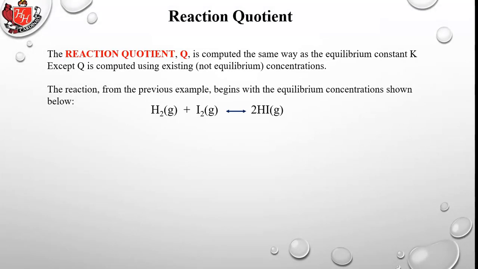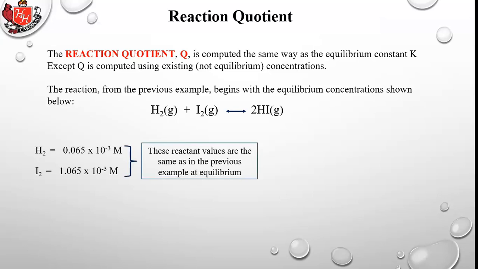So the reaction from the previous example in the earlier lesson looks like this. We've seen this equation before. So let's just make up some concentrations of reactants. Let's say that H2 is 0.065, both of those times 10 to the negative third. These reactant values are the same as in the previous example in the earlier lesson.